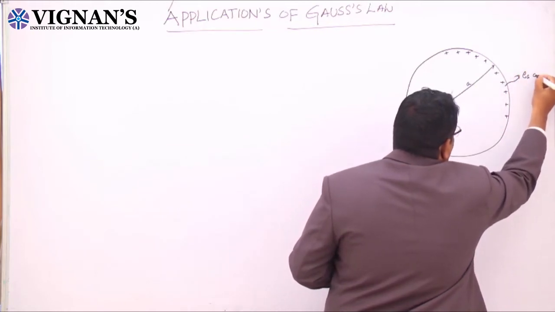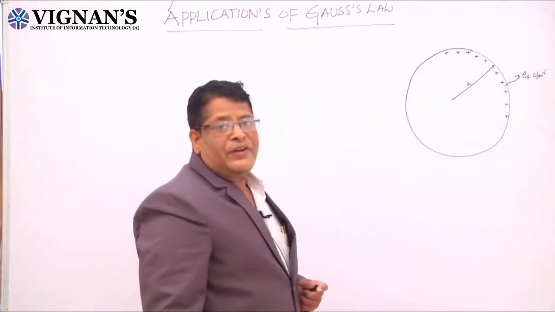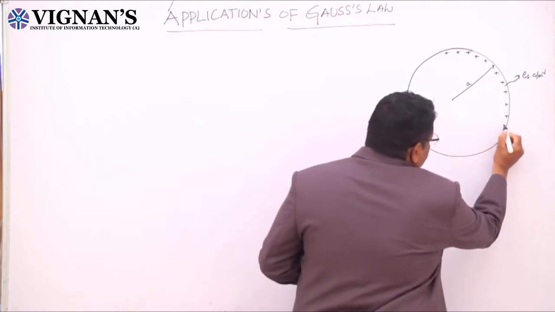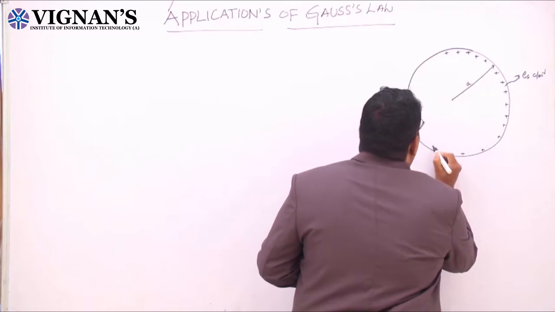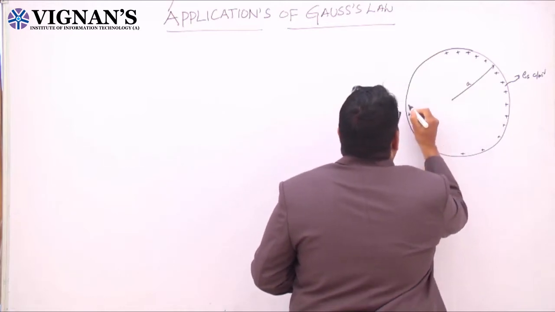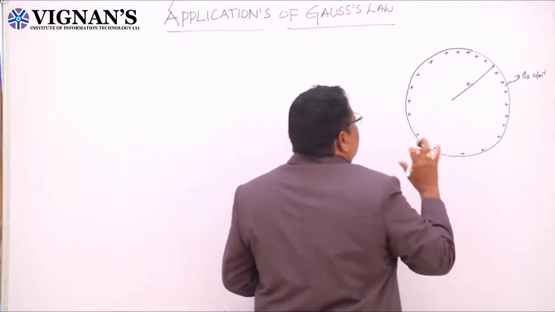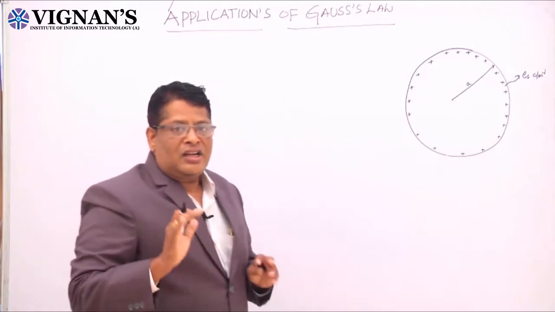Rho s is nothing but coulombs per meter square, where rho s is the surface charge density. In this manner, the charge is uniformly distributed over the spherical shell. The inside of the spherical shell is simply hollow. There is no charge inside the shell.